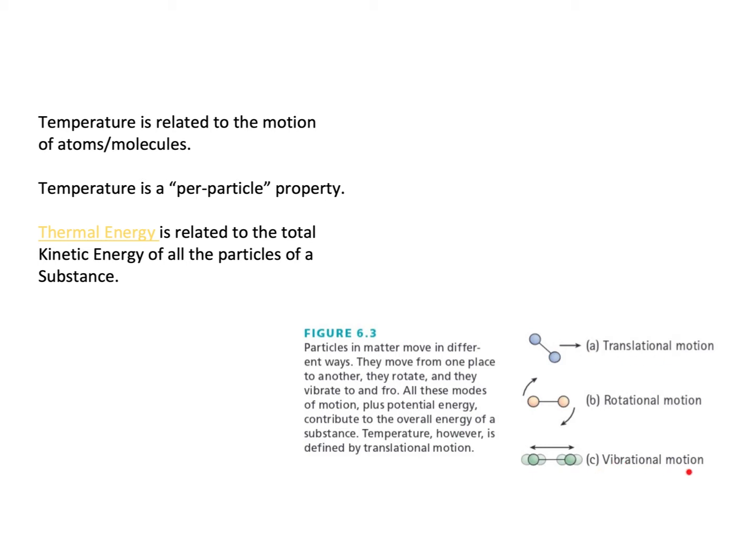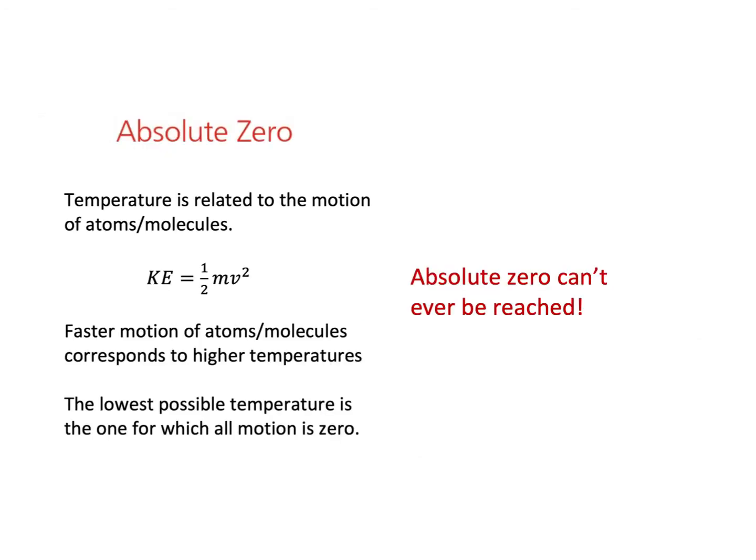And the vibrational motion, of course, is the other kind of motion. There's actually a third that can be considered. Molecules can spin. They can not only vibrate and translate, they can also rotate. And so all these kinds of motions, the moving back and forth, the vibrating back and forth, and the rotating, can contribute to the thermal energy of the substance.